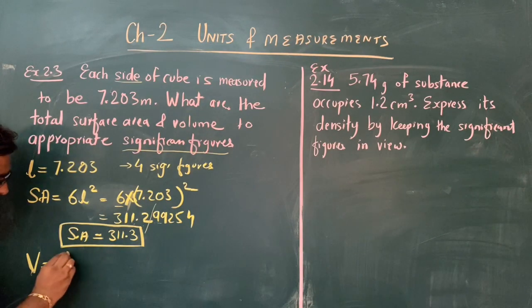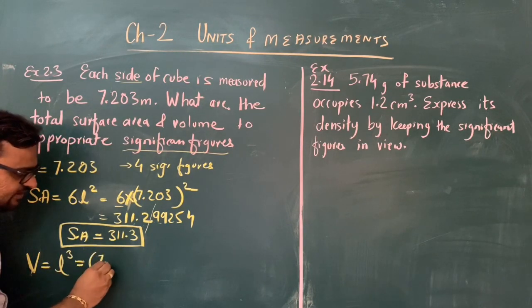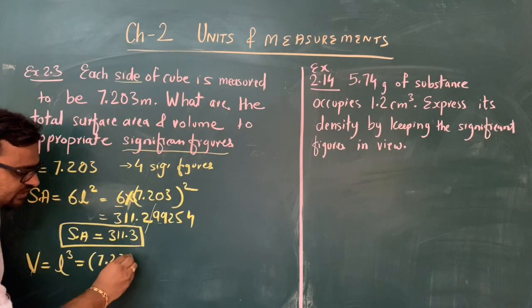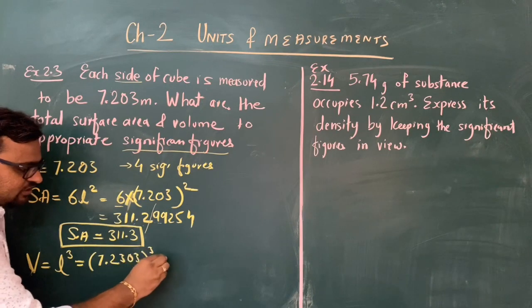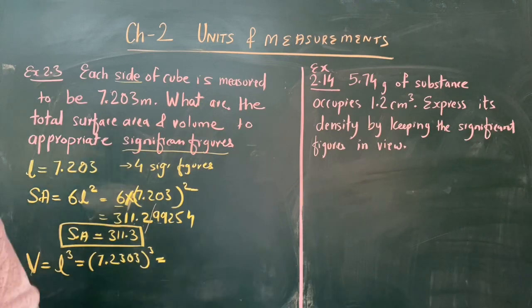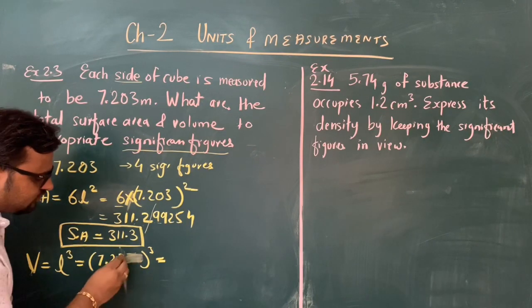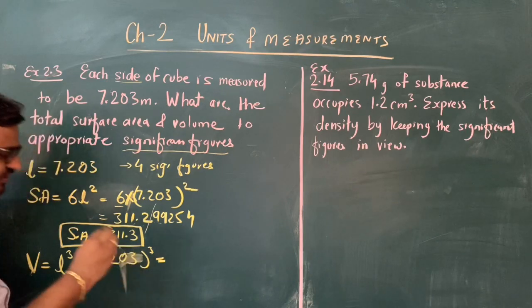It's L cube. So now it's 7.203 cube. Okay. So let me calculate it. Sorry, it's my mistake. It's not 7.2303. It's 7.203.